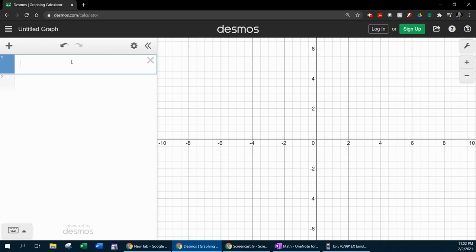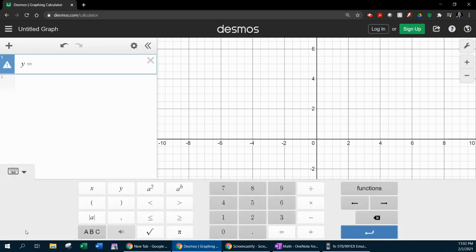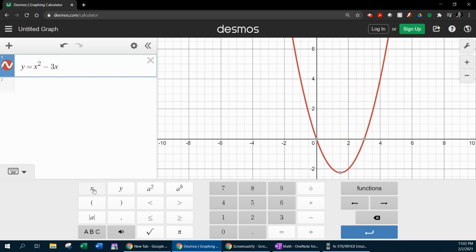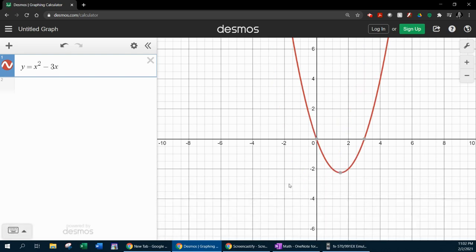So we're going to type in our equation right here, y equals. Now, if you need to, you can pull up this little keyboard. It'll have an x, it'll have a squared. We needed an x squared, and a minus 3 and an x. And then you can minimize that if you want to.